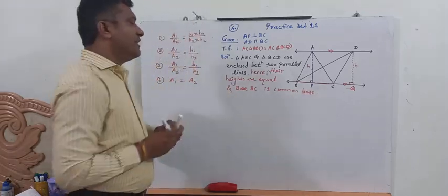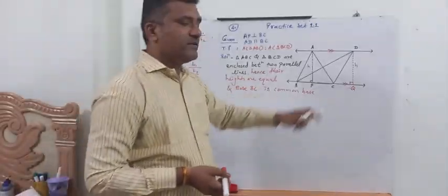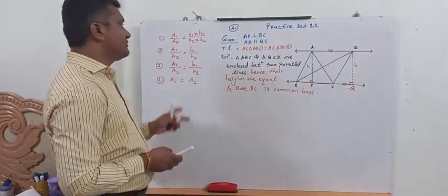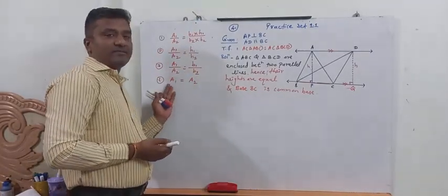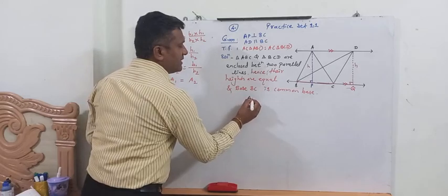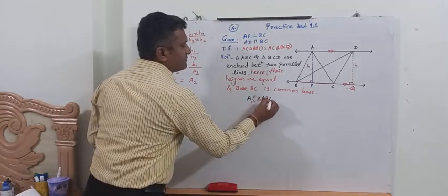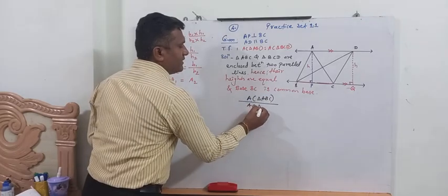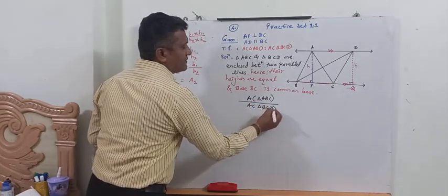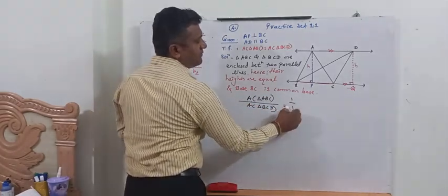Therefore, if heights are equal and base is common, the ratio of areas of two triangles is very simple. The last property you have to say, that is A1, the area of triangle ABC upon area of triangle BCD equals 1 upon 1.